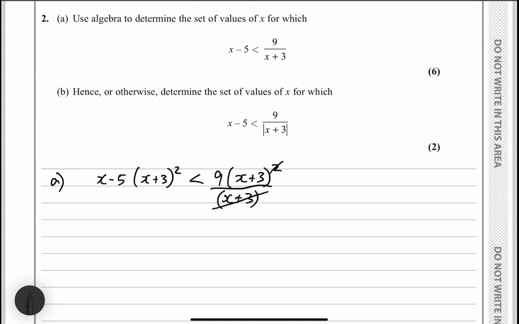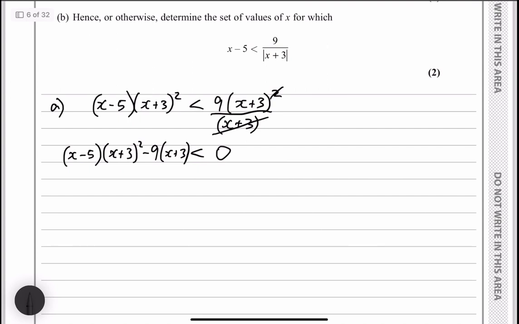We can cancel those two and bring the 9x plus 3 in its bracket onto the left. Don't forget that bracket. That was untrue without the bracket. x plus 3 squared minus 9 lots of x plus 3. And then I've done that without expanding first because I could see that x plus 3 will be a factor of those two.